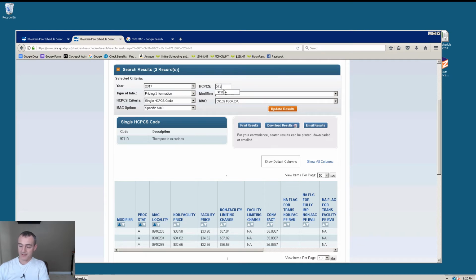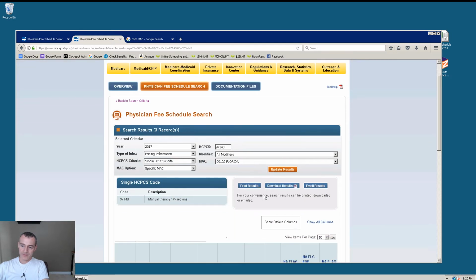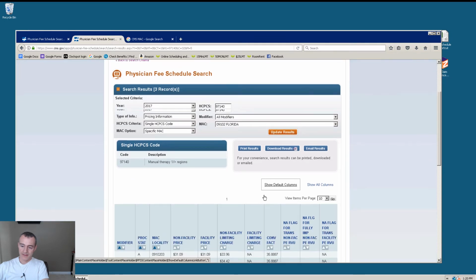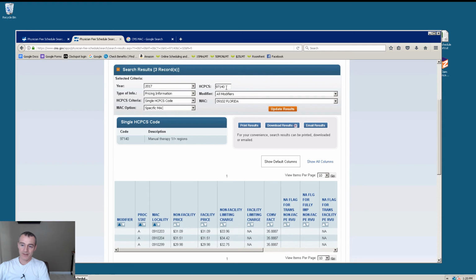So let's say I change this to manual. Let's say you're more of a manual therapist, you do more manual. We're still in Florida. So it comes down to 31.09. The last one was 33 something. So manual allowed amount is lower than the Therex allowed amount.